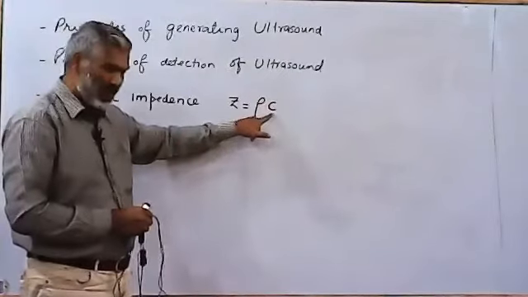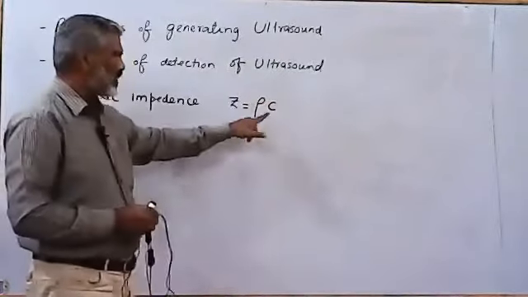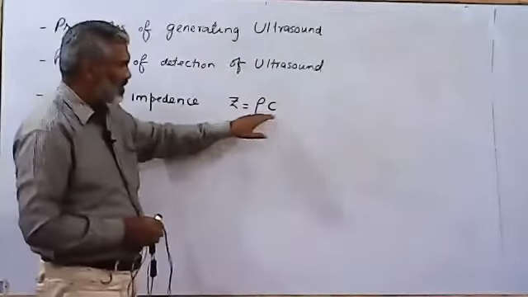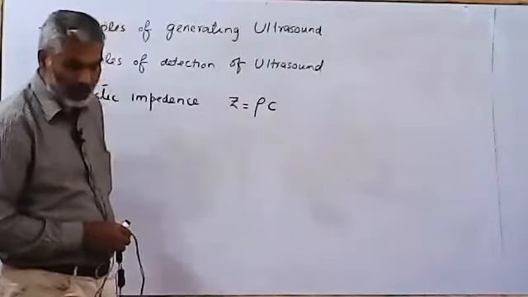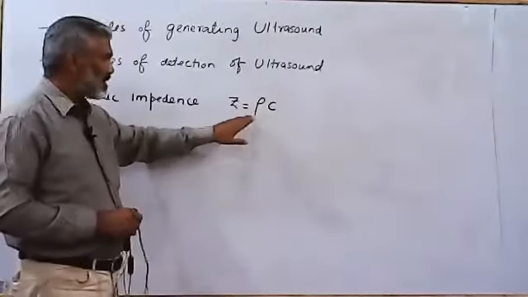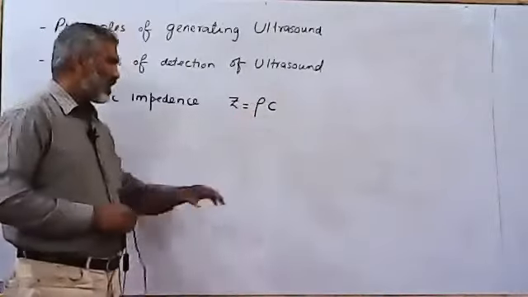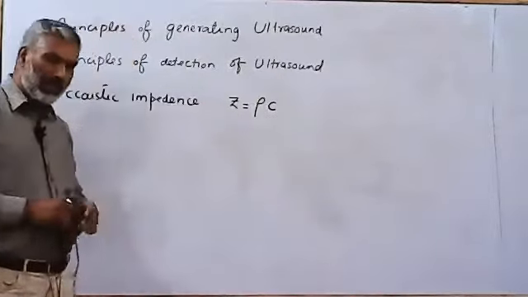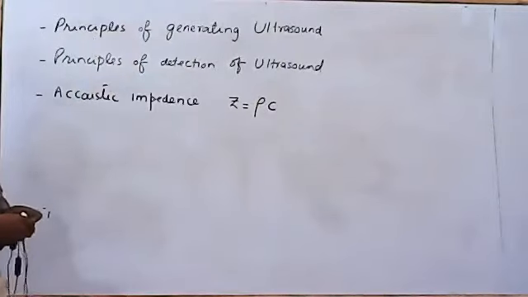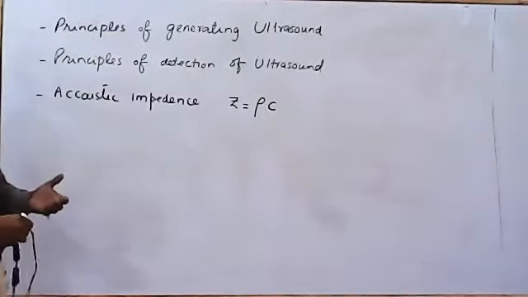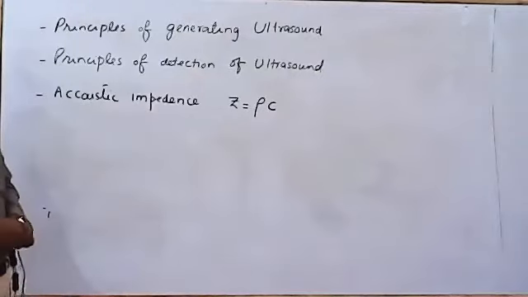You remember I emphasized that this symbol, the small c, is usually for the speed of light, but in this particular topic it denotes the speed of sound in that medium. So speed of sound and the density of that medium, when multiplied, give us a quantity known as the acoustic impedance of that medium. Acoustic impedance gives us an idea of how convenient or difficult it is for a sound wave to travel in a specific medium.